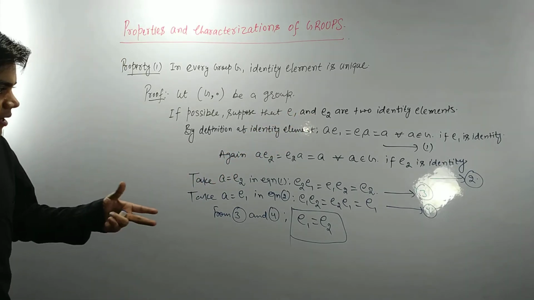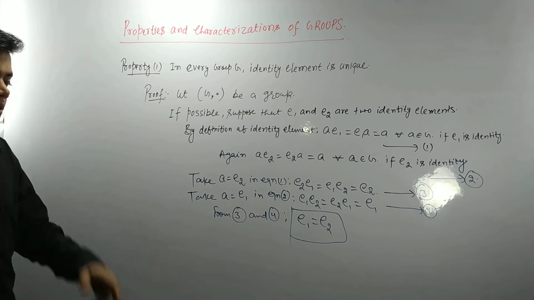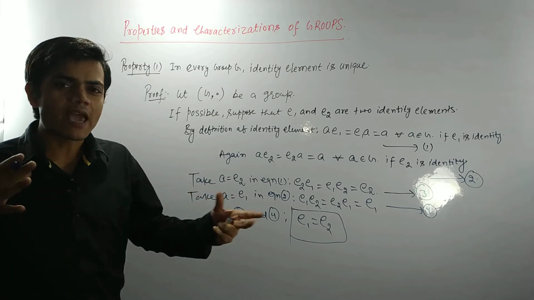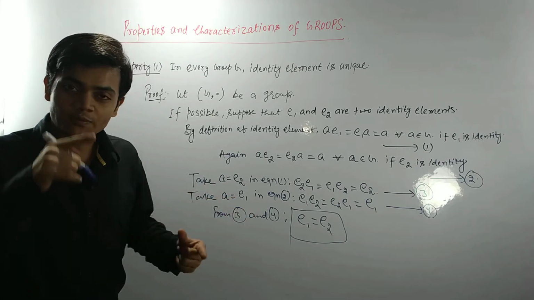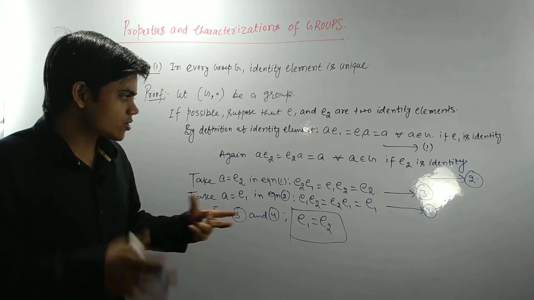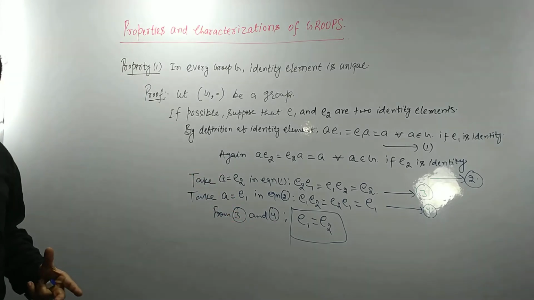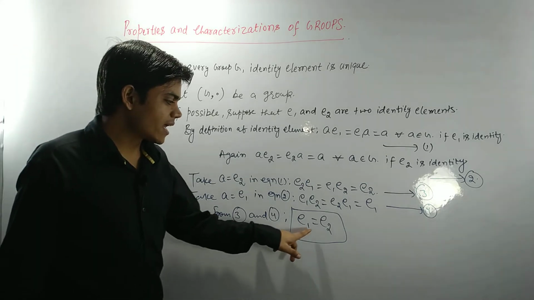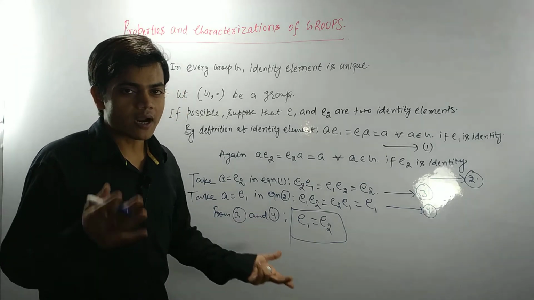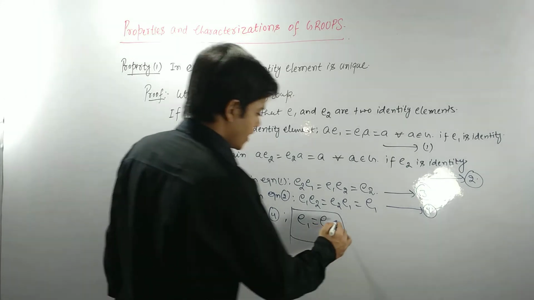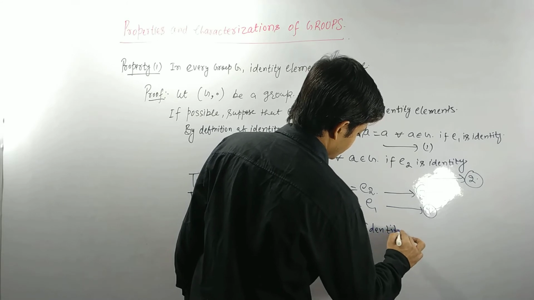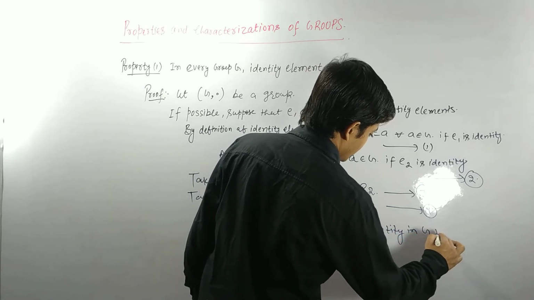But when we use the definition of identity element, that if we operate the identity element with any element of the group, then we will get that element only. After using the definition, we are seeing E1 and E2 are the same element. So this implies the identity in G is unique.